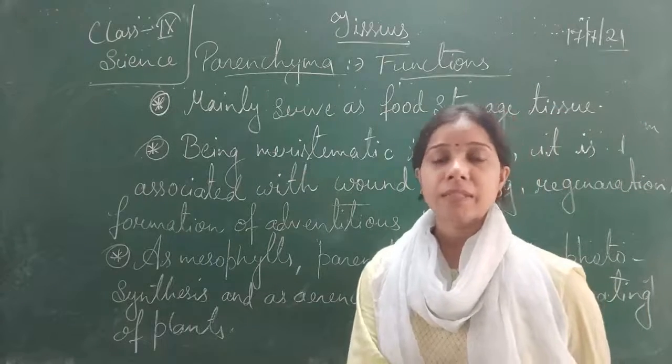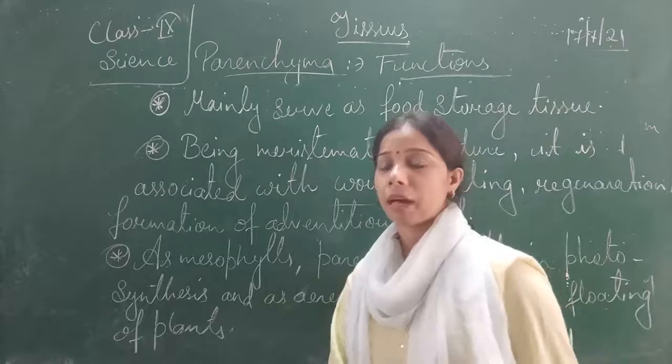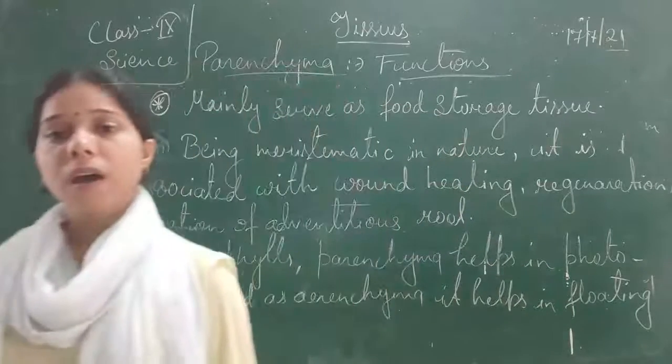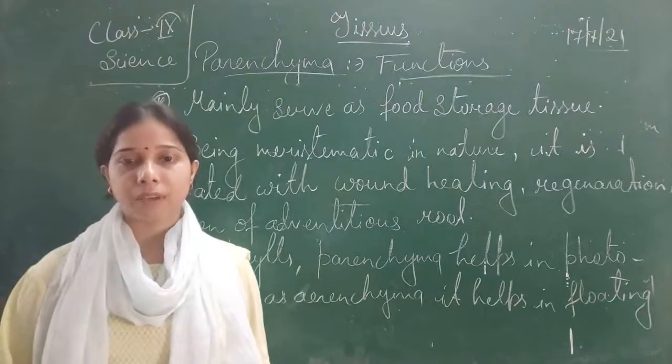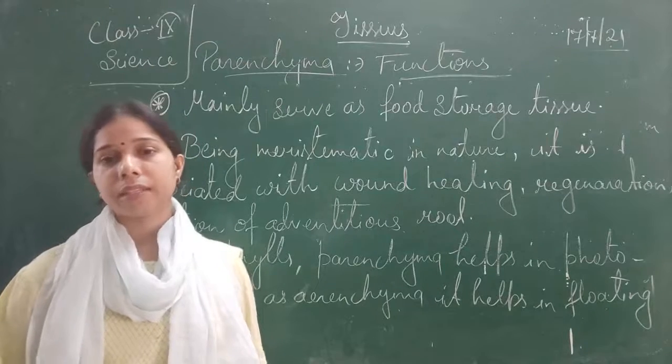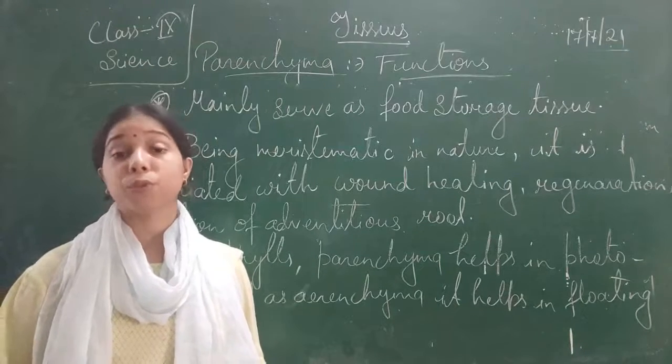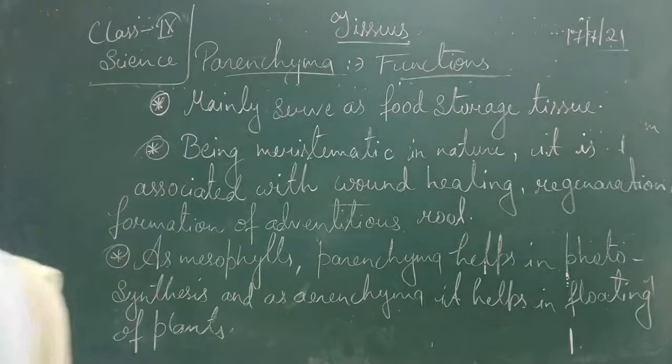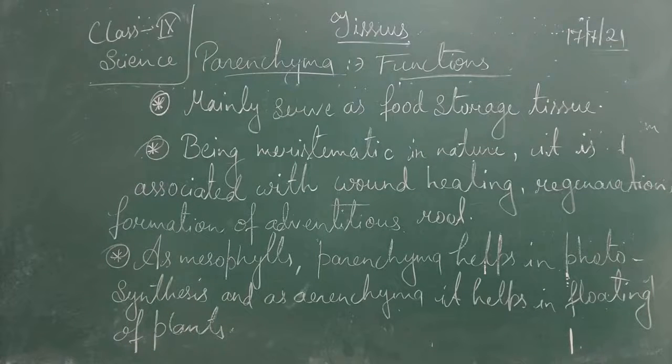Consisting of mesophyll in the leaves, they are responsible for carrying out the process of photosynthesis, and being aerenchymatous, having air-filled tissue cells in it, that will help them to float, especially the hydrophyte plants.